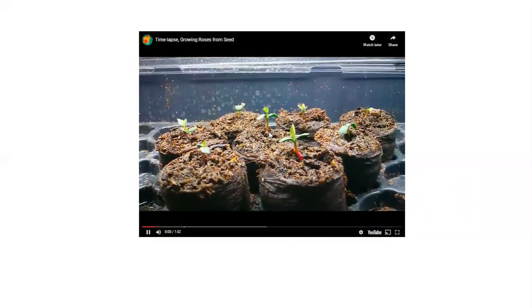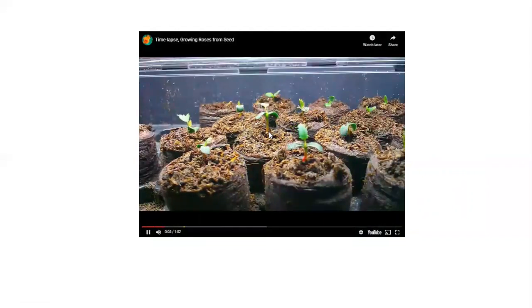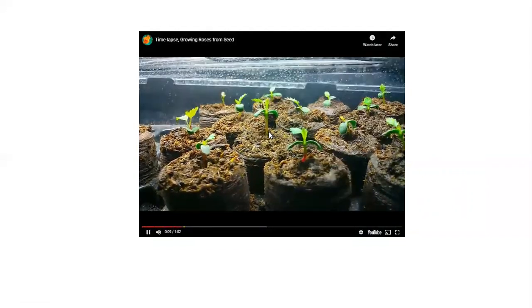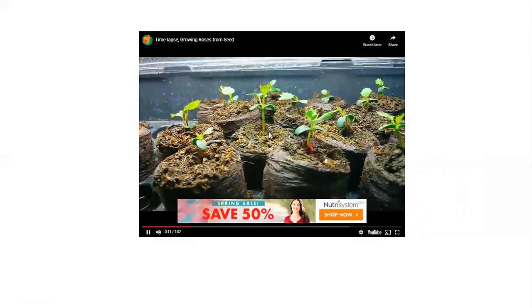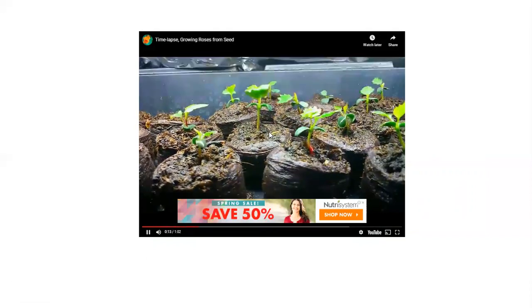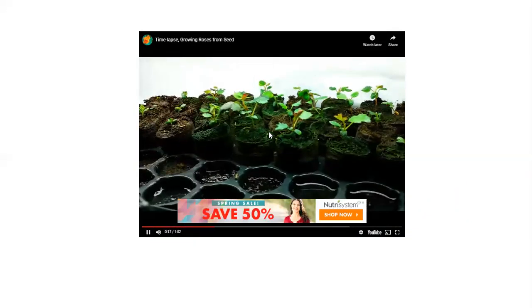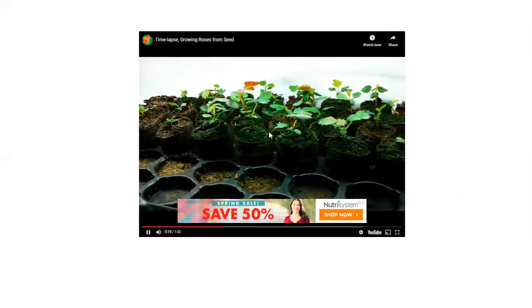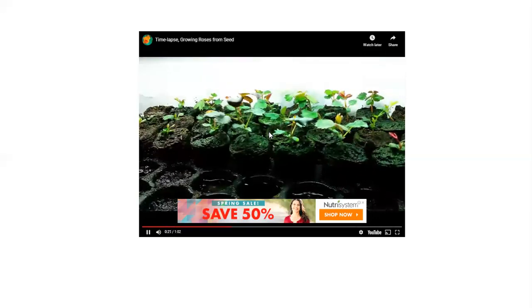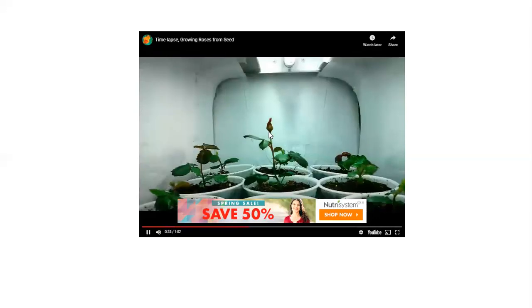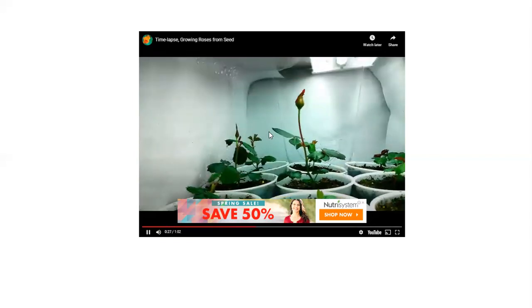So here they are sprouting. And their stems get larger and they have more leaves. And if you notice, some are growing faster than others.